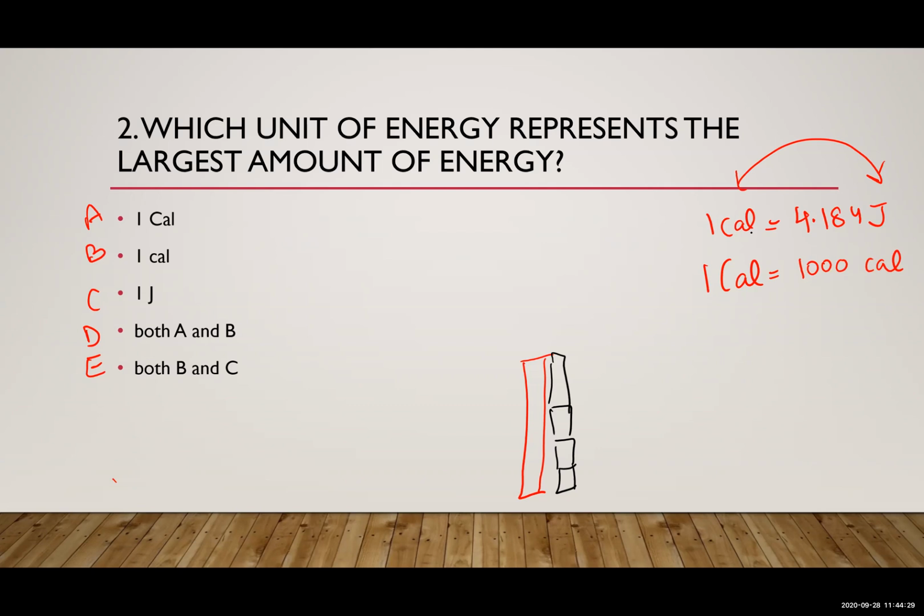And between the nutritional calorie and the regular calorie, which is bigger? Nutritional. So now we have established, out of these three, which is the biggest? A. The correct answer is A, the nutritional calorie is the largest amount of energy.